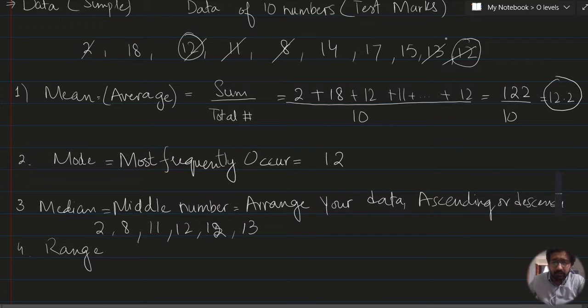It's 13, then 13, and 14, 15 as well, 17, and then 17, and then 18. For clarity, you can count the number of terms that you have written, so that there is no ambiguity or error in the question. 1 2 3 4 5 6 7 8 9 10. So our data is complete.